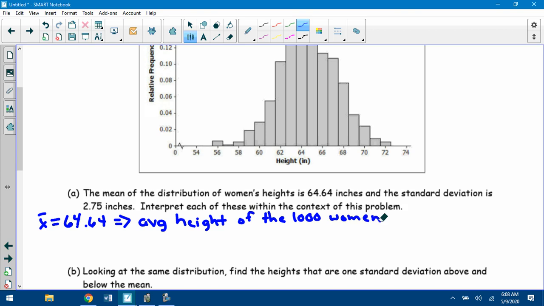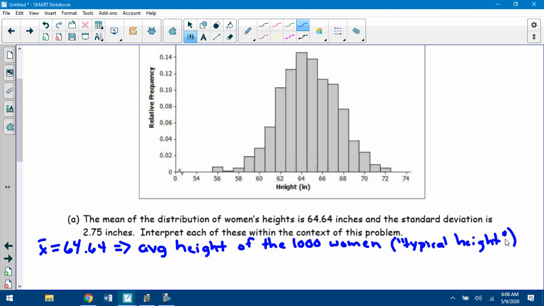And you can even think of this as like a typical height if it's a normal distribution. It's not super tall, it's not super short, it's just typical height. So 64.64, the average is right about here.